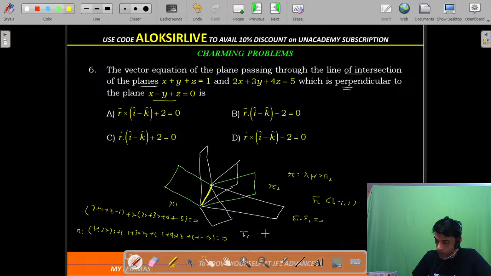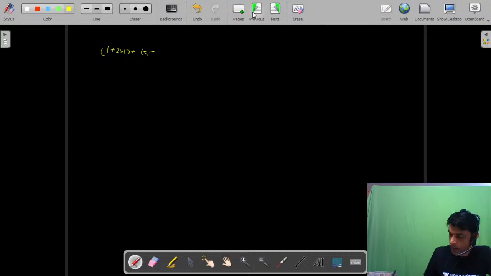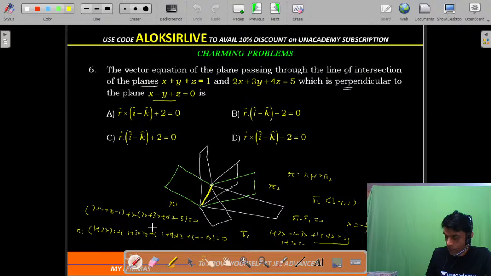So I got the plane as 1 plus 2 lambda x plus 1 plus 3 lambda y plus 1 plus 4 lambda z and then plus negative 1 minus 5 lambda is 0, and we get lambda is negative 1 over 3.